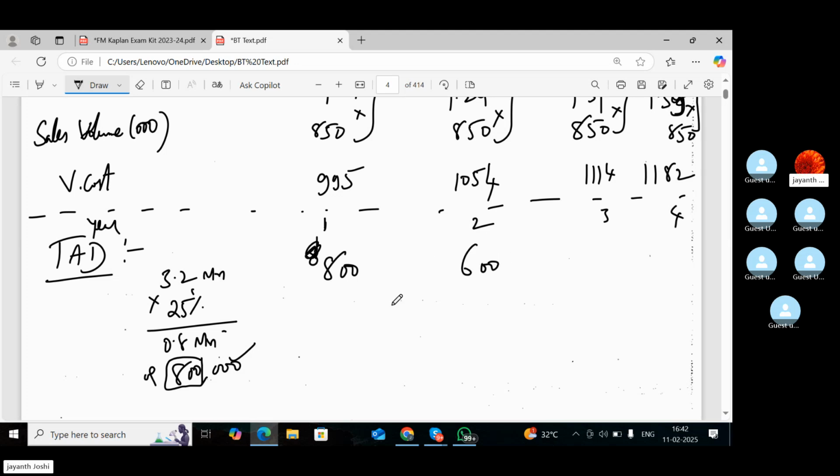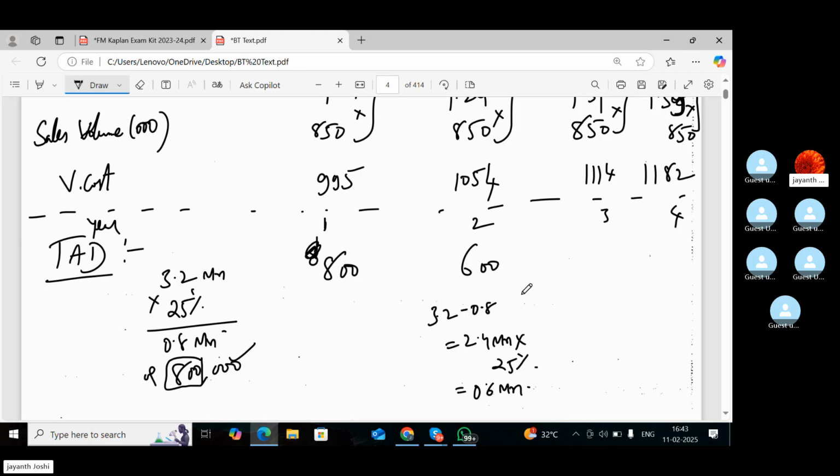So I'm going to take this. So again, you know how to go about it, how you got this. So 3.2 million minus 0.8, it is going to be 2.4. Okay. So 3.2 minus 0.8 is equal to 2.4 million into 25% is going to be 0.6 million. That is the value here we have.